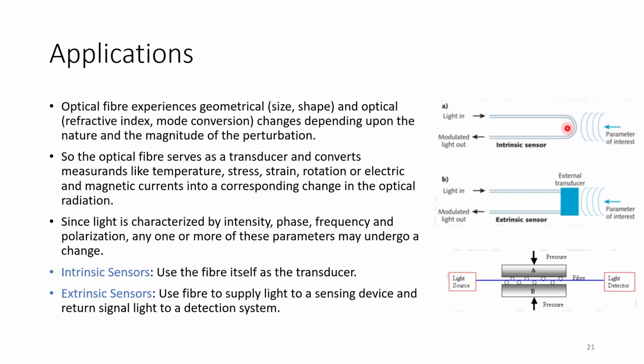Based on this, there might be a change in the signal. In the case of an extrinsic sensor, you use the fiber to supply light only to a sensing device and then return signal light to a detection system. So there will be another external transducer which will be sensing this change.